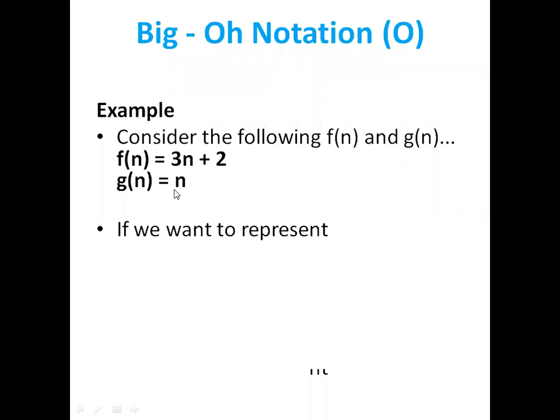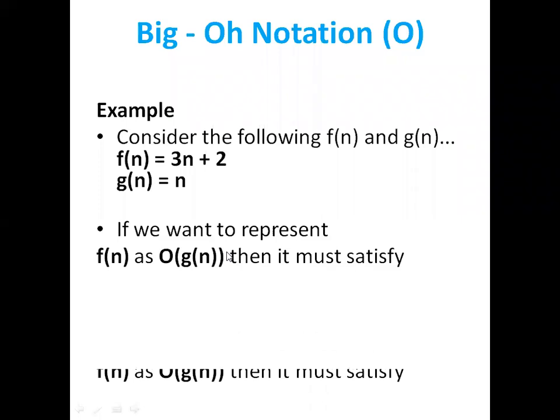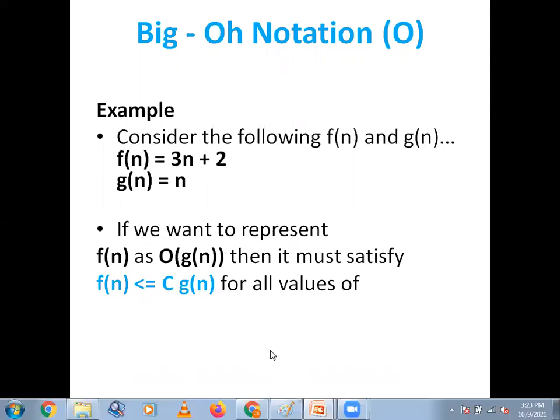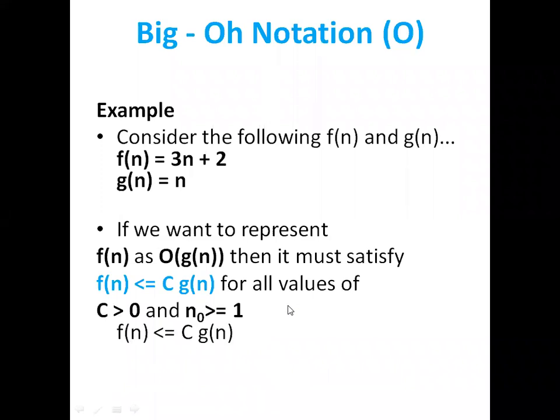Then this can be represented as f of n is big OH of g of n, and this must satisfy the equation f of n is less than or equal to c into g of n for all values of n, where c is always greater than 0 and n is always greater than 1.